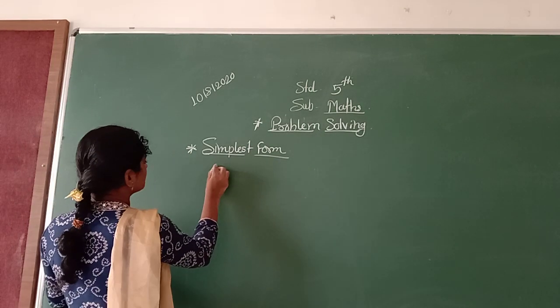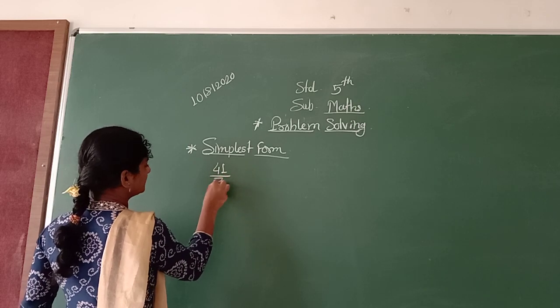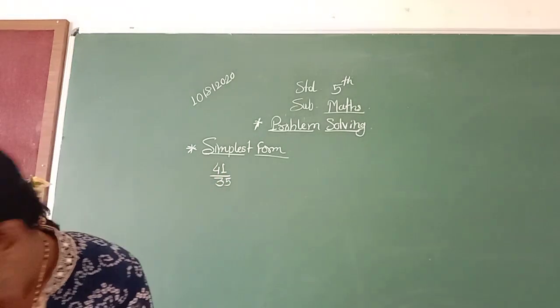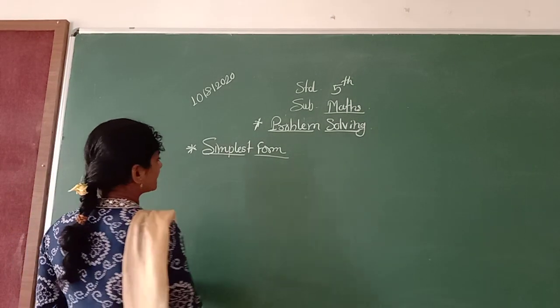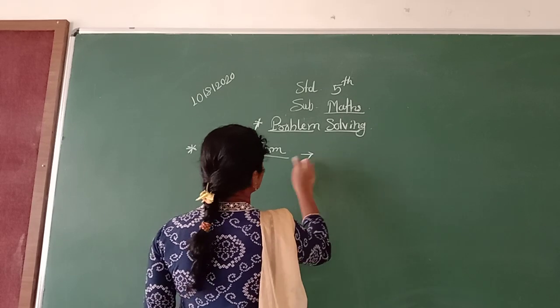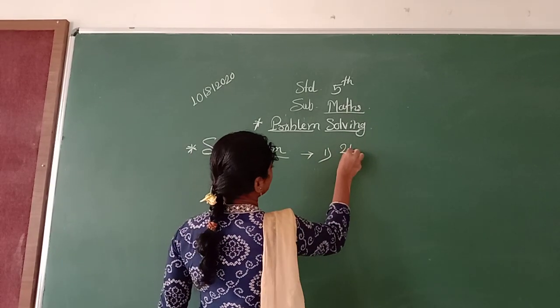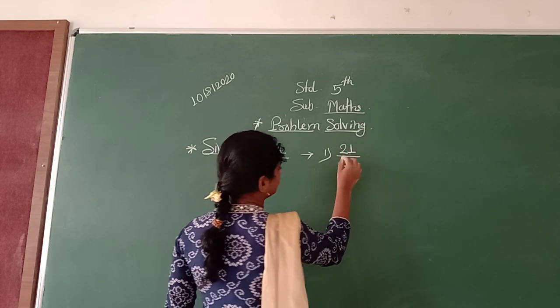See, suppose 14 and 35. I write here simplest form. First example is 21 upon 35.